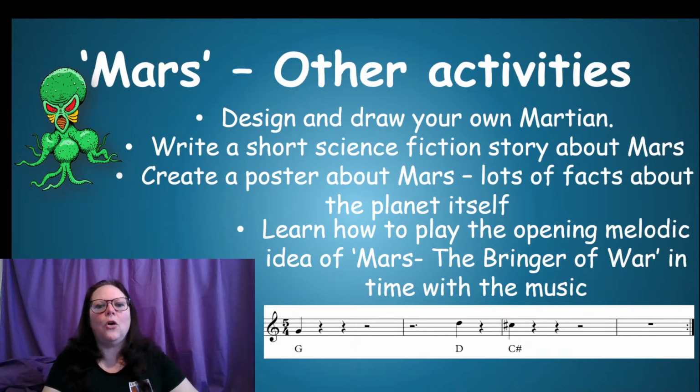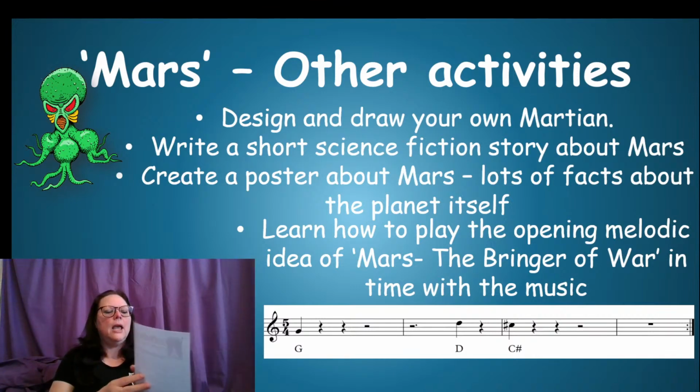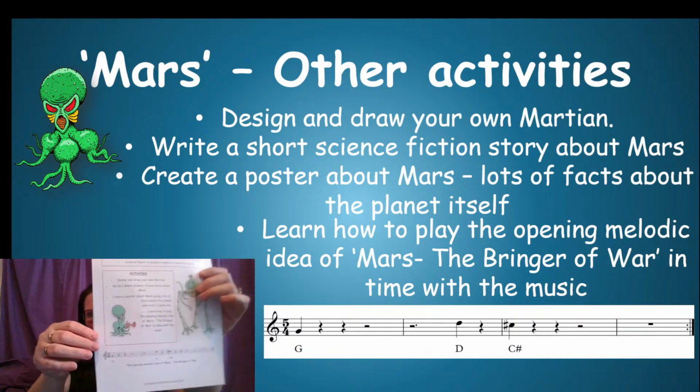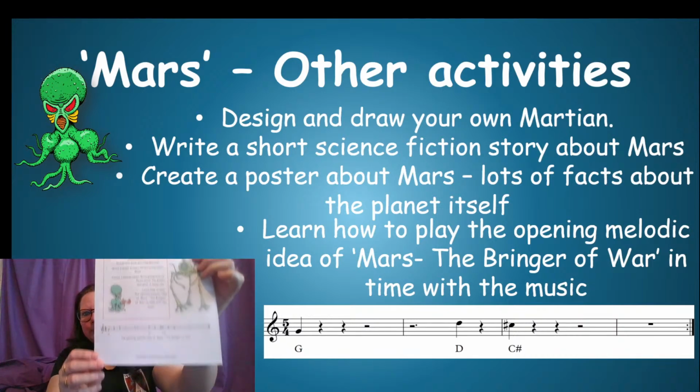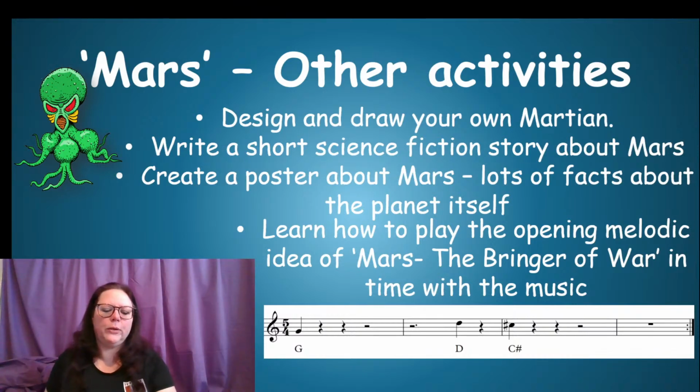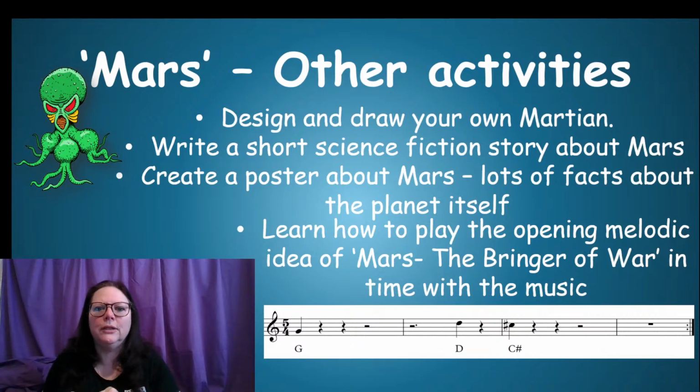We have got to the end of our lesson today, but here's some suggestions for things that you can do. And if you've got the worksheet, actually, these ideas are listed on the worksheet for you to have a go at. So you could have a go at designing and drawing your own Martian.